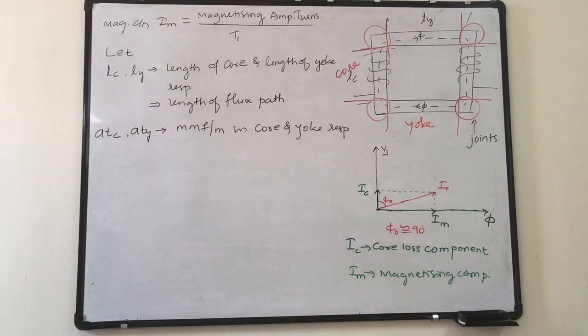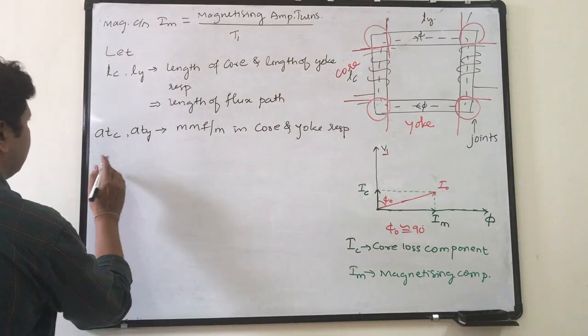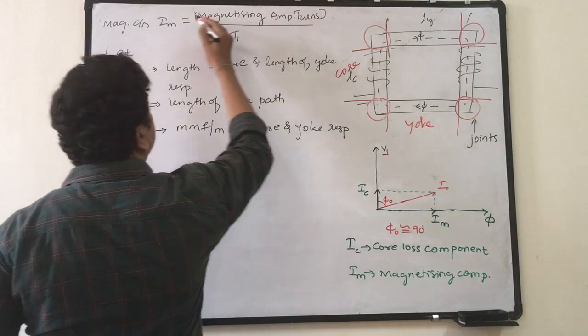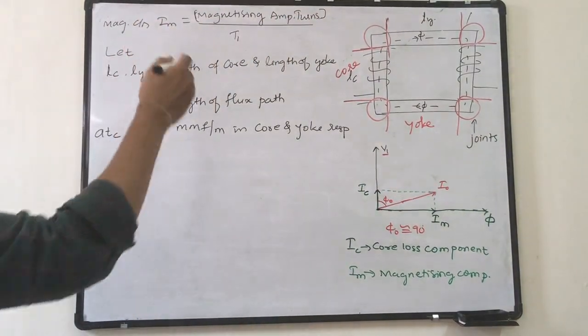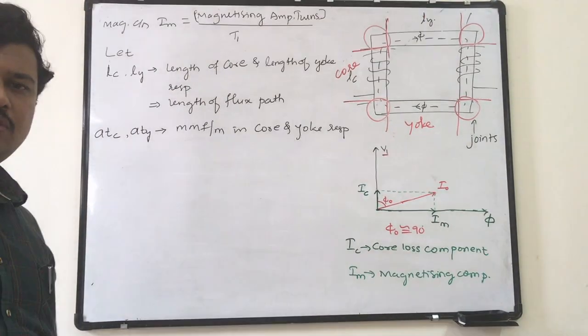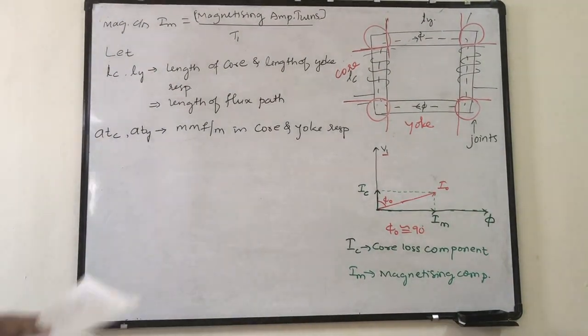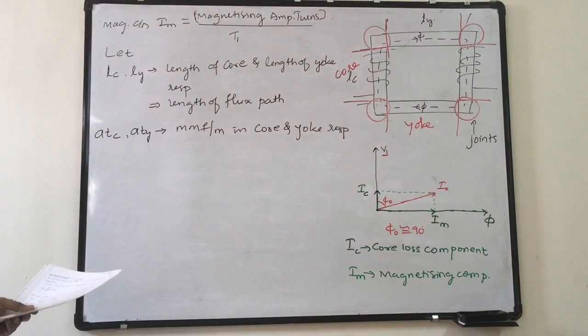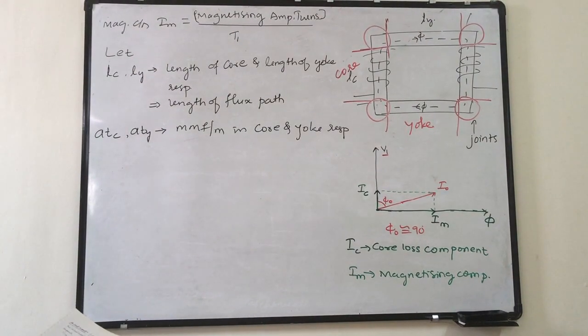The total magnetizing mmf is given by the total magnetizing ampere turns. Once I know magnetizing ampere turns, the number of primary turns I have already found out from the voltage value and the EMF per turn. Then dividing magnetizing ampere turns by the number of primary turns, I get the magnetizing current.